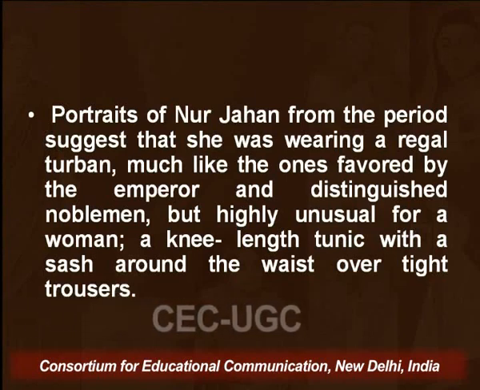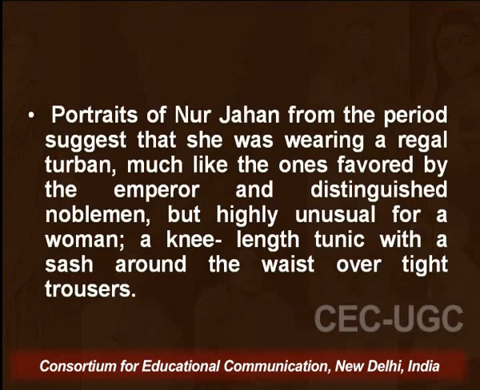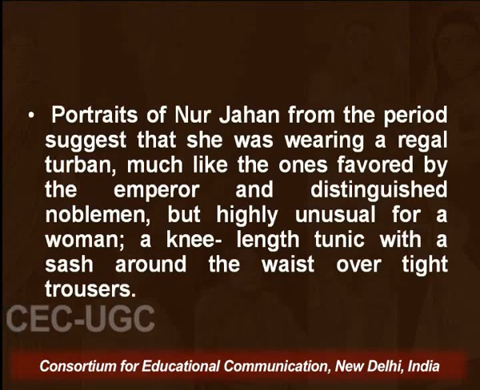It was also highly unusual for a woman to wear a knee-length tunic with a sash around the waist over tight trousers. So the dressing style, the attire, also indicated power. It indicated that she was not to be considered feminine or powerless or only a beautiful form. And at 42, she was still praised by her contemporaries for her luminous beauty.